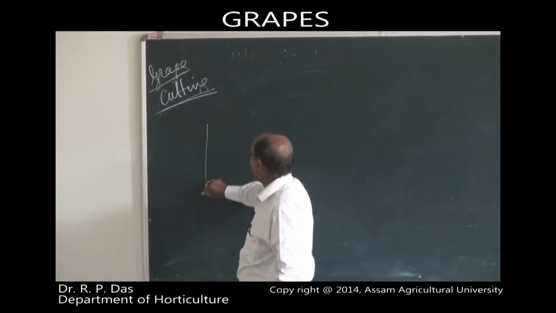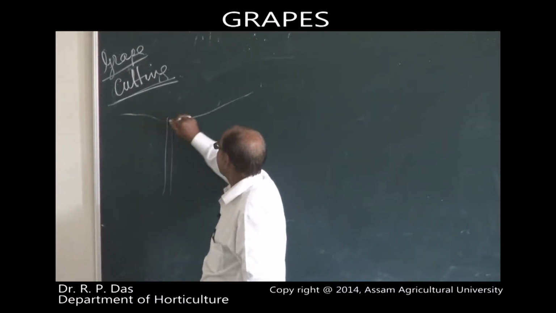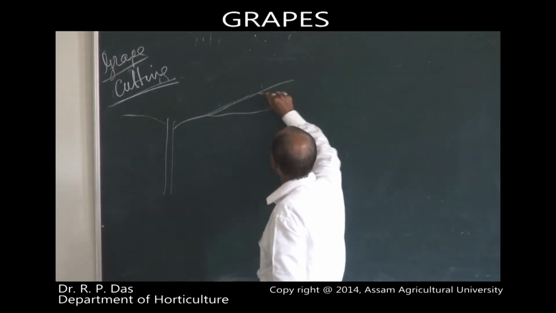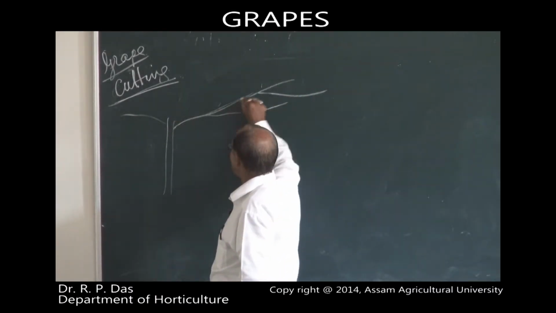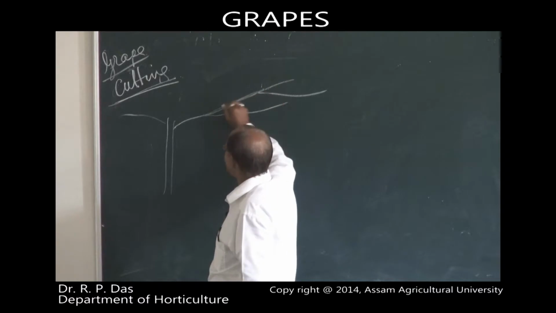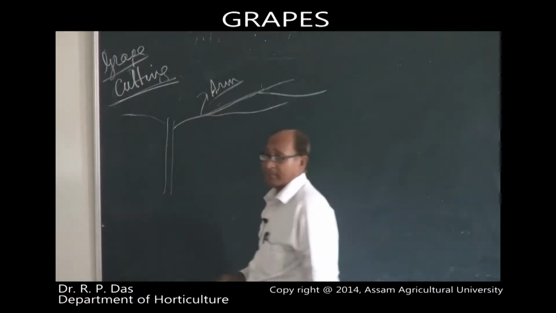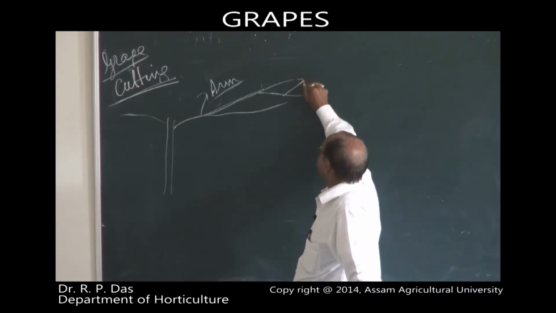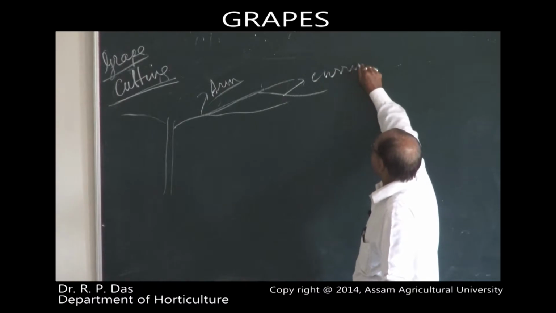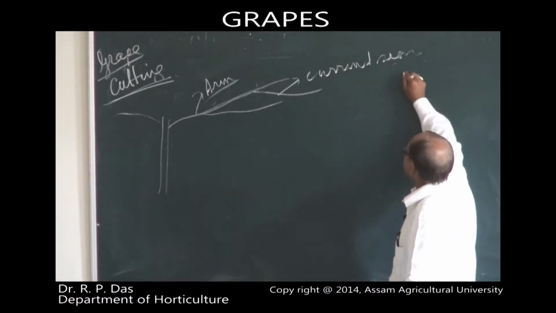It is a vine crop that is climber in nature, and this is the primary branch, which is also known as arm. Then this current season shoots. Current season shoots are known as can.